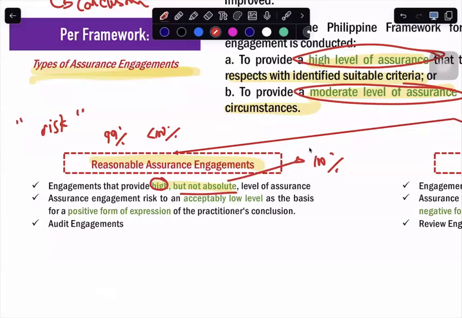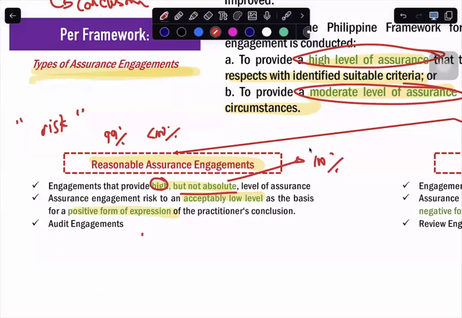Next, assurance engagement risk to an acceptable low level as the basis for a positive form of expression of the practitioner's conclusion. Why is it acceptable low level? Because, again, we said there is a risk. But we want the risk to be low so that we can provide a high level of assurance.